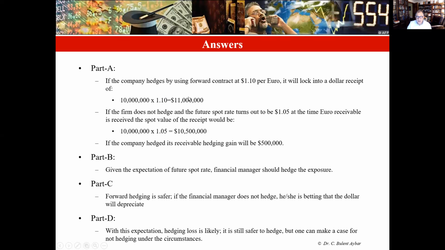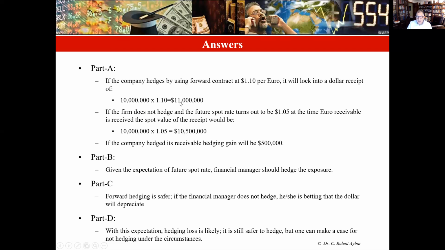So we will be able to clear $11 million out of the forward sale at the expiration. If the firm does not hedge and the expected spot rate prevails, the amount that we will clear would be $10,500,000.